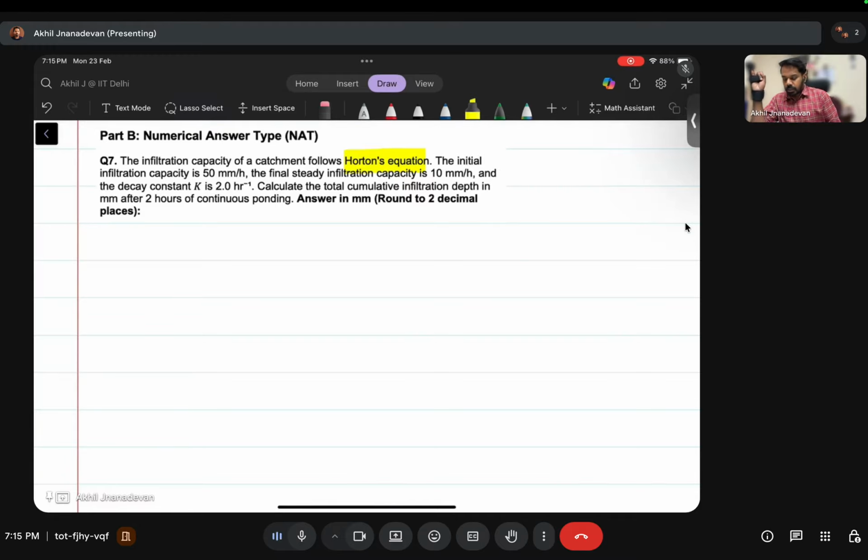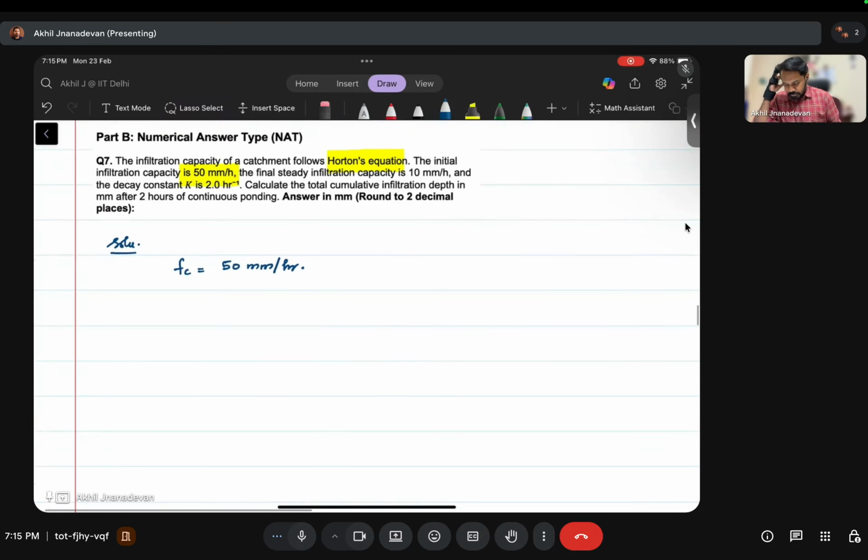The infiltration capacity is 50 mm. So we can write it down. Infiltration capacity, that is F naught, is equal to 50 mm per hour. The final infiltration capacity Fc is 10 mm per hour.